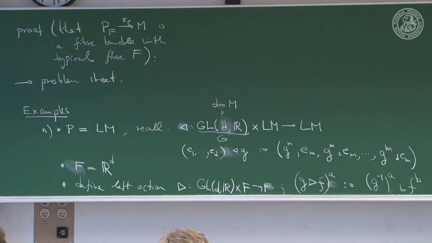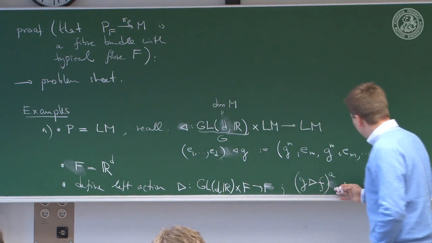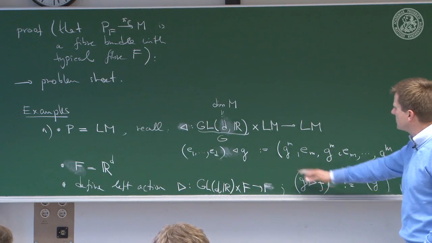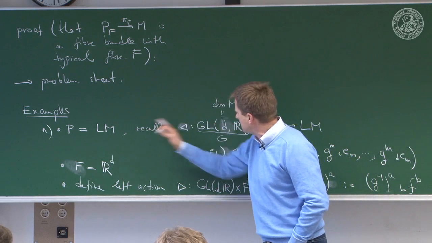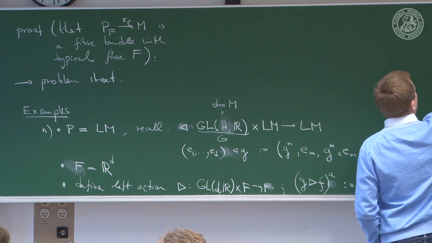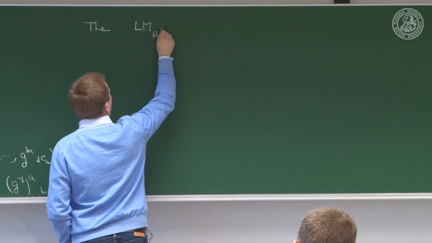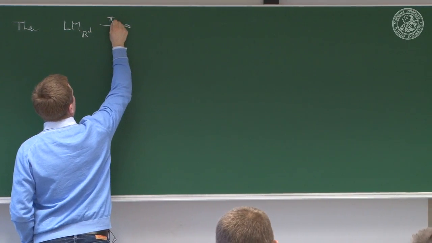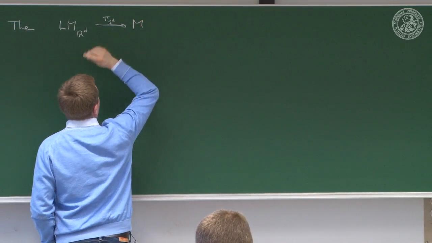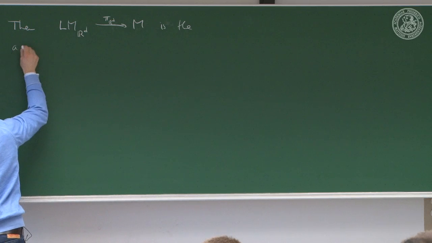We provide this as an input, and now we are done because I provided you with a principal bundle, with a fiber, and a definite, specific left action of the same group that is the fibers of the principal bundle, on this F. Then L_M with fiber R^D, with projection pi_{R^D} down to M, is the associated bundle.